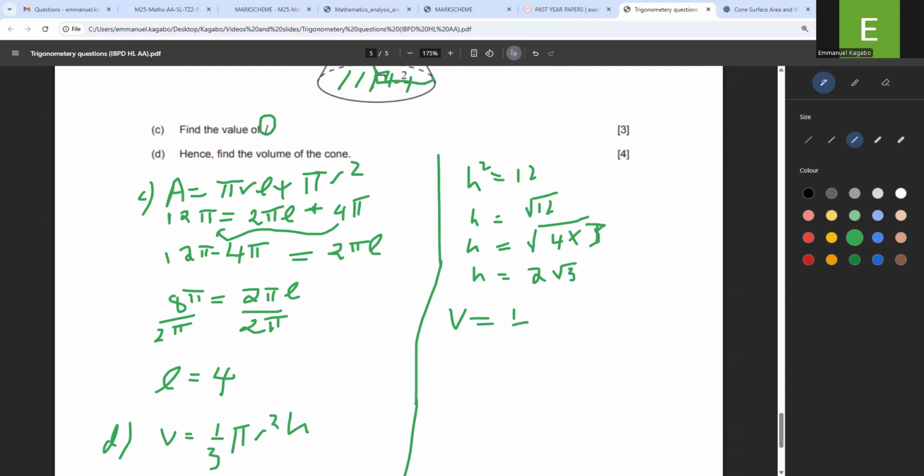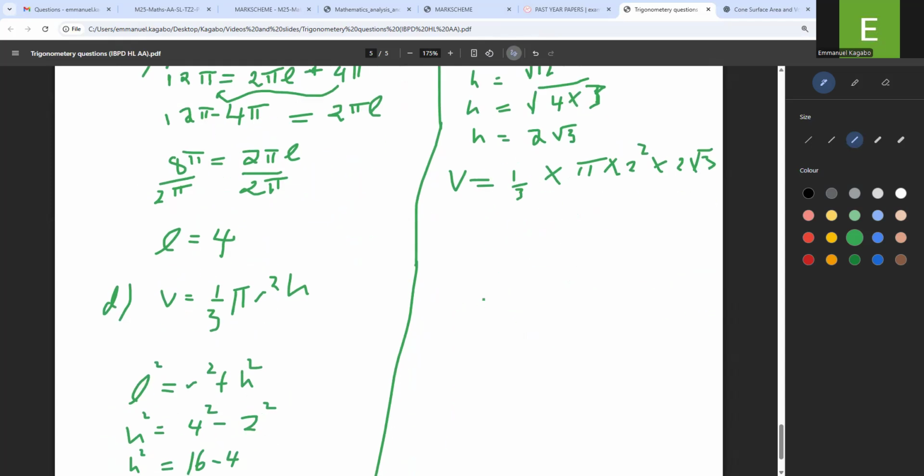The volume is 1 over 3 times the radius, which is 2 squared, right? Let me first write the pi part, okay? So no problem about that. Pi radius, which is 2 squared, times the height, which is 2 square root of 3. Are we together here? Good. Now, what do we have?